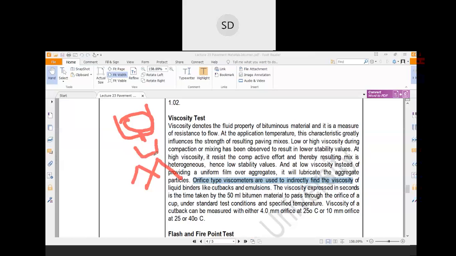At the temperature at which some quantity of the bitumen falls into it, you note this, and from this you can find the approximate viscosity of the bituminous material.